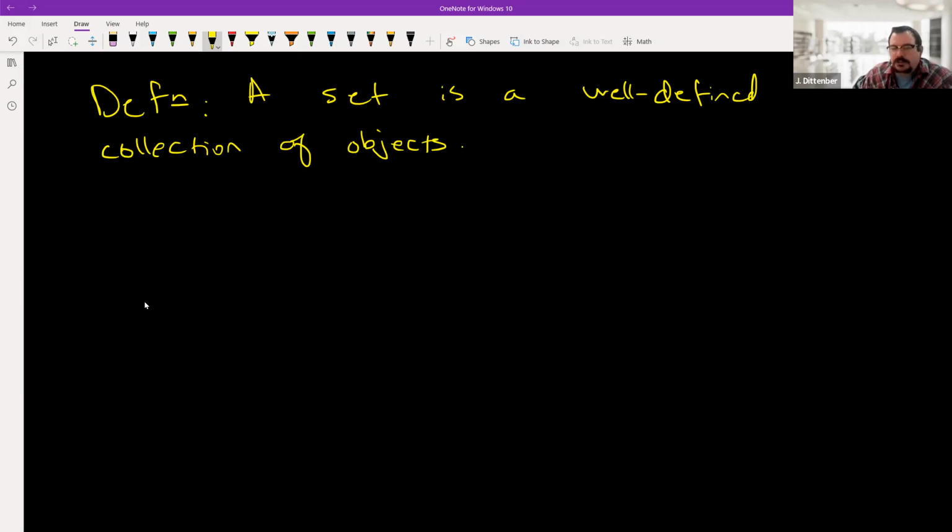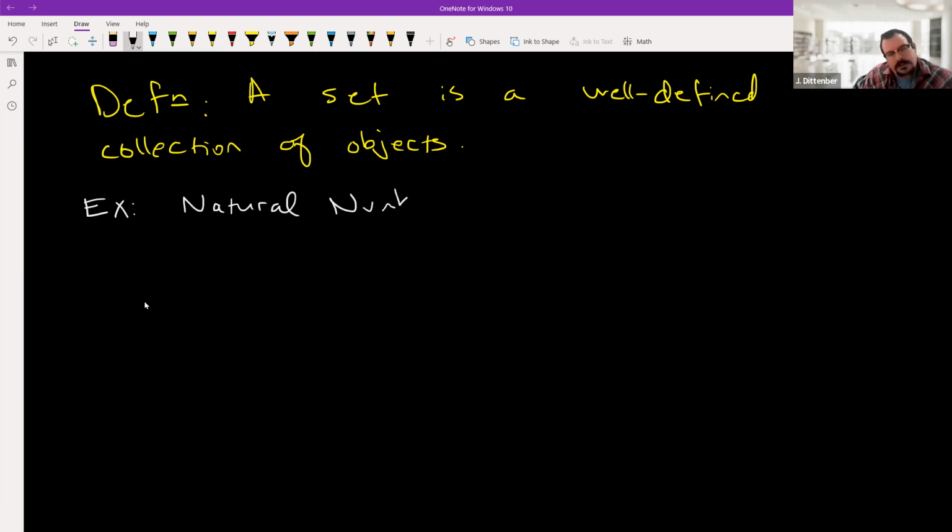Well-defined means we know if something is in the set or not, and collection of objects means that it could be empty. So the collection of no objects could be a set. But the typical sets that you will see are numbers, like the natural numbers.